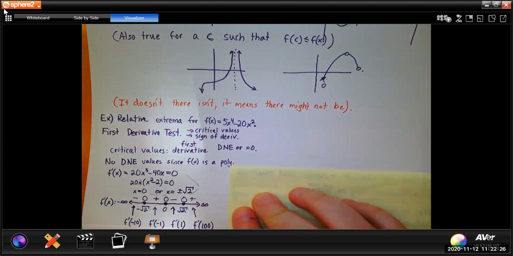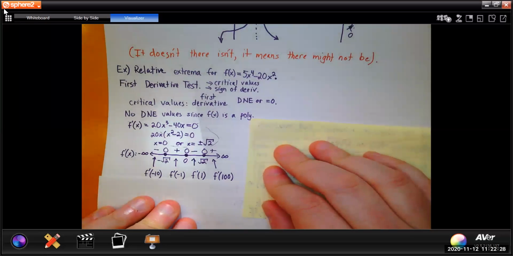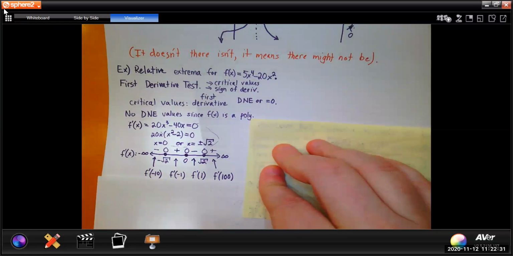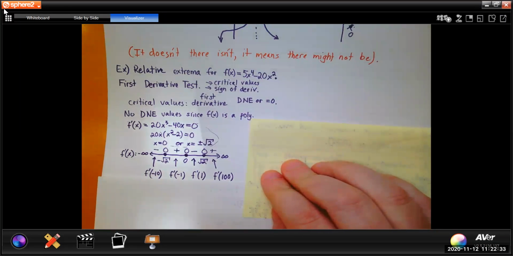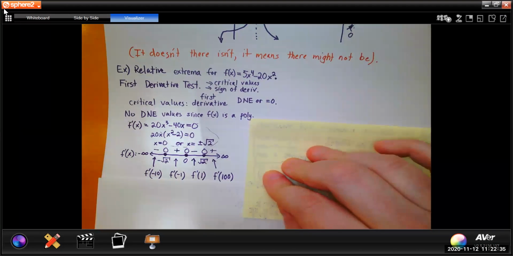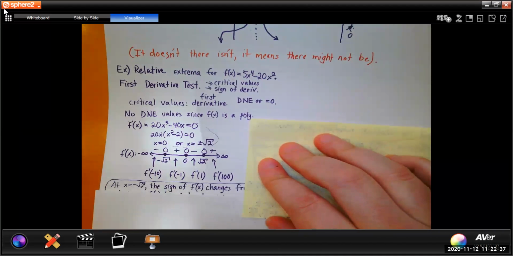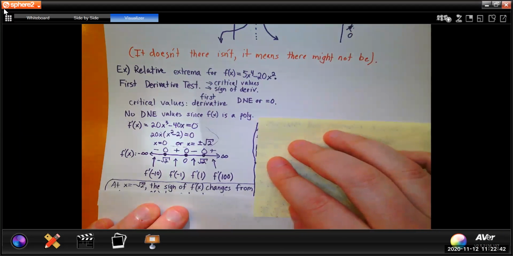All right? Because we can now look at these critical values and say, hey, I've got a relative minimum or relative maximum because I can analyze the sign change. So I'll start off with x equals negative root 2.